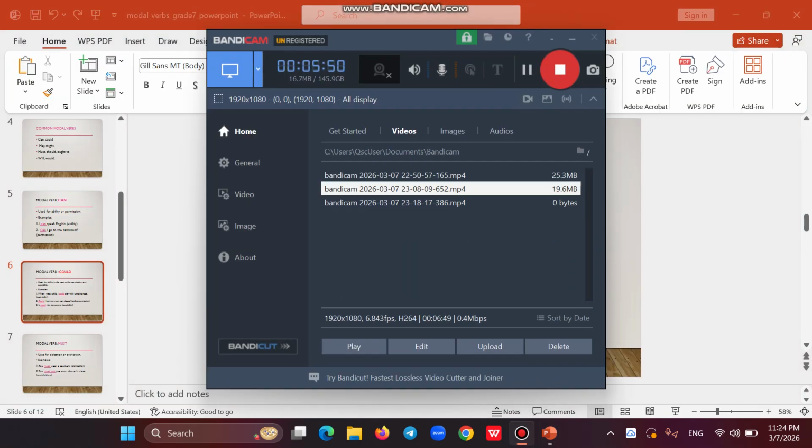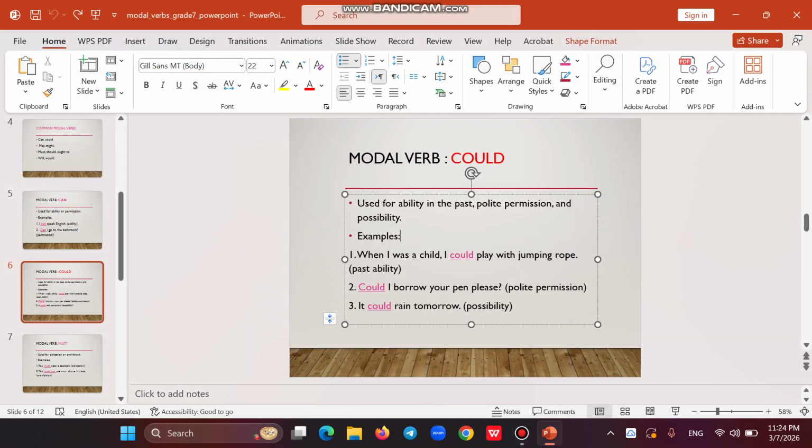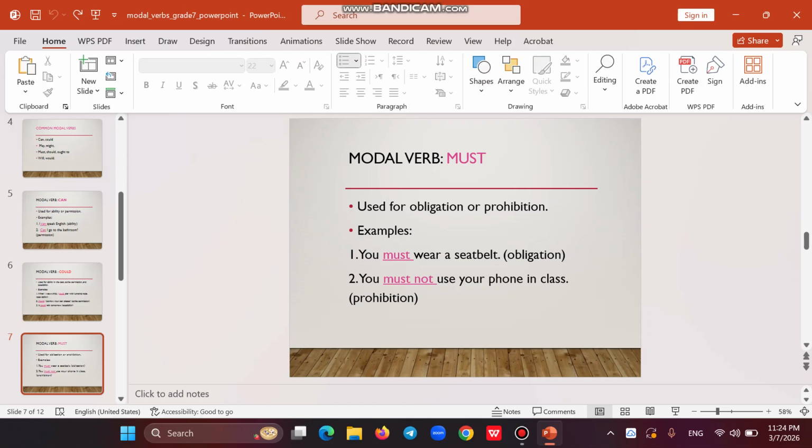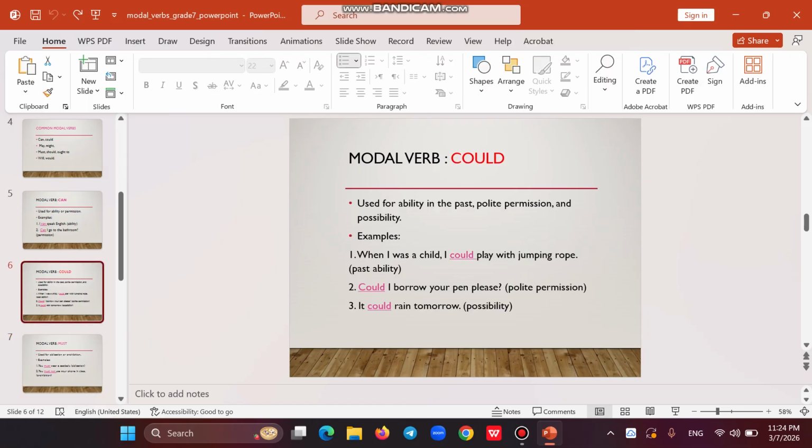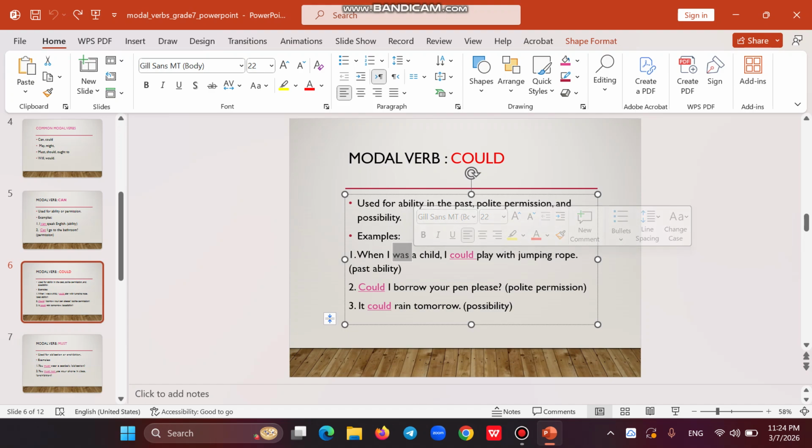Okay, so example 1. When I was a child. From the verb was, I can tell that here we have a sentence in the past, and a child also. So when I was a child, I could play with a jumping rope.